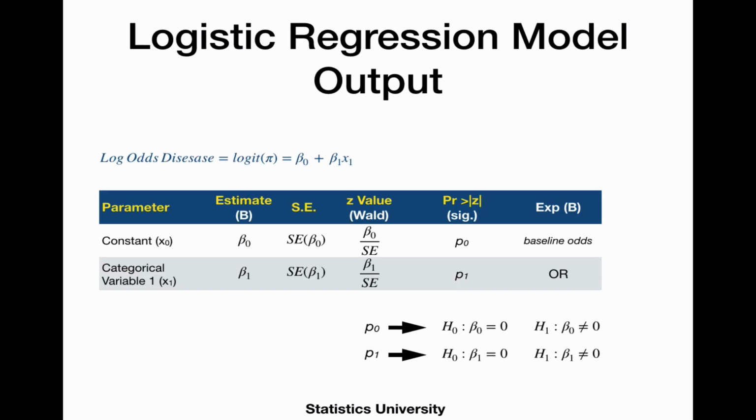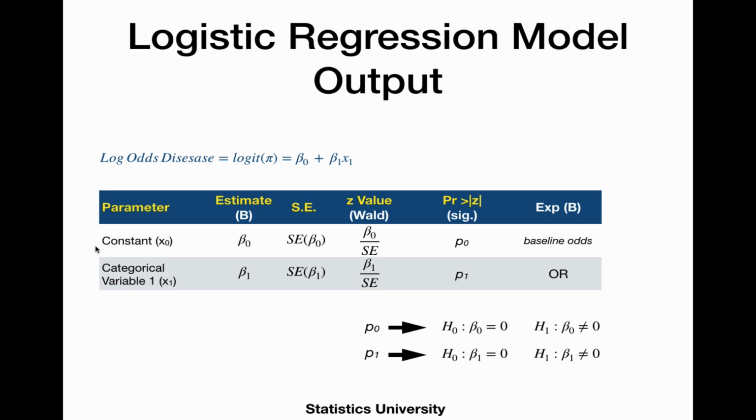This is an example of a standard output by a statistical software package on a logistic regression model. And in this example, we only use one categorical variable x1. So we have the equation: log odds of the disease or outcome, the logit of a probability, is beta 0 plus beta 1 times x1.